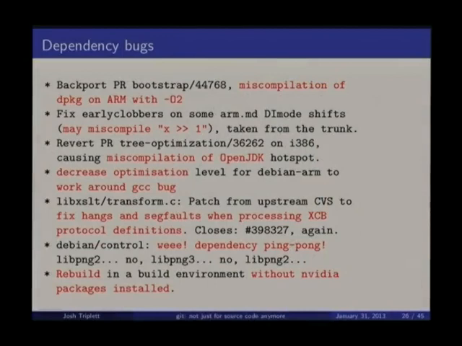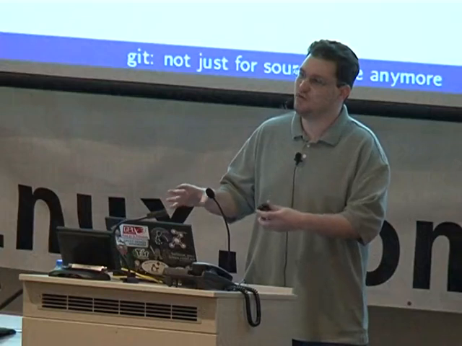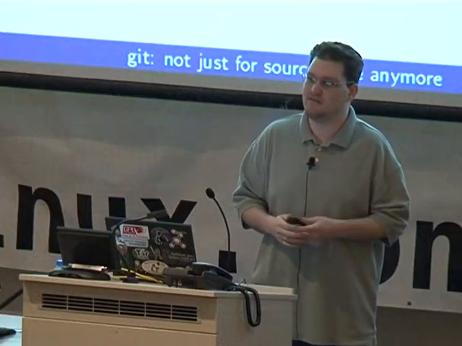And just to give an example of how prevalent these are, I just looked at one case here. Your most common dependency is GCC. So I went to GCC's Bugzilla and searched for, they have keywords to categorize bugs, and they have a keyword wrong code. This is the really scary one. This is, I compiled valid code and got bad machine code with no compiler warning telling me of that.